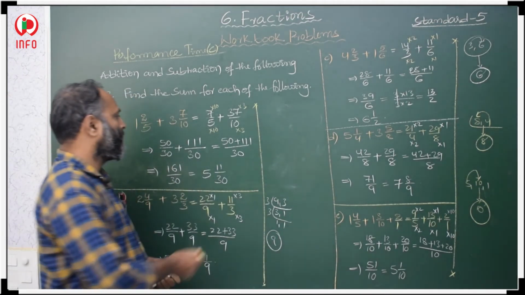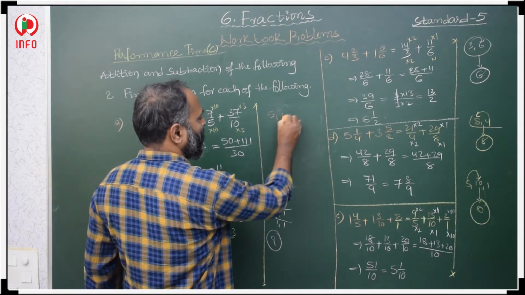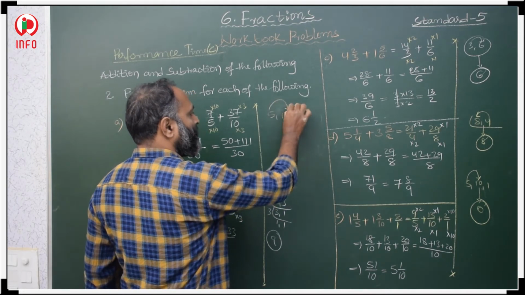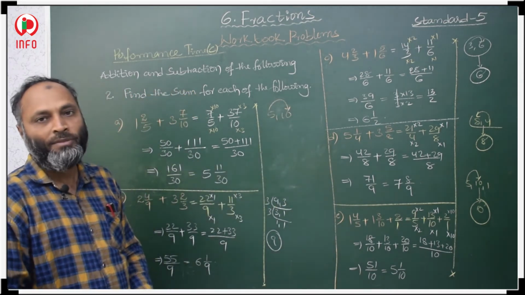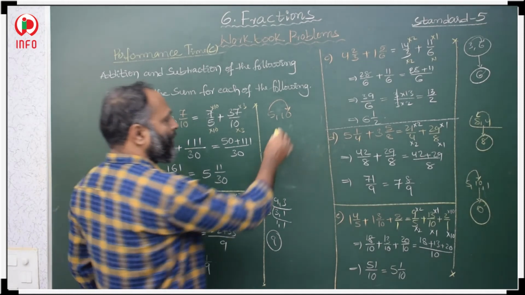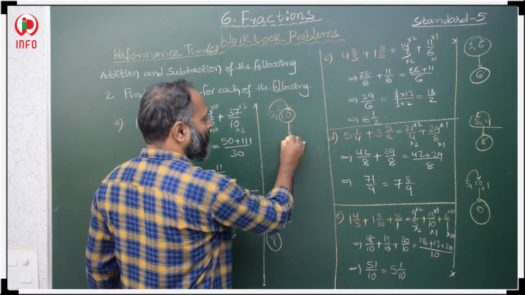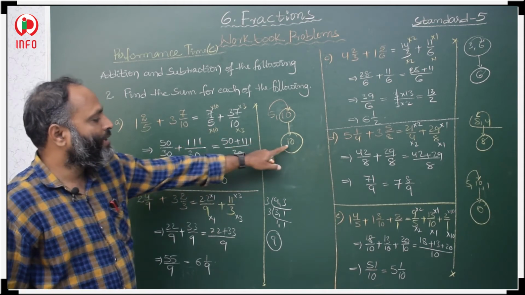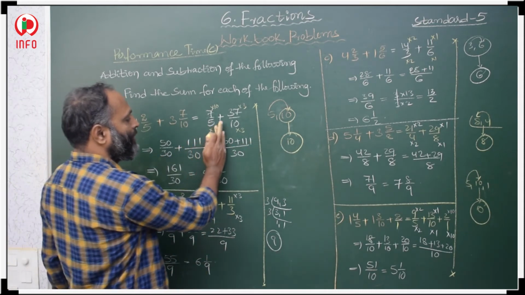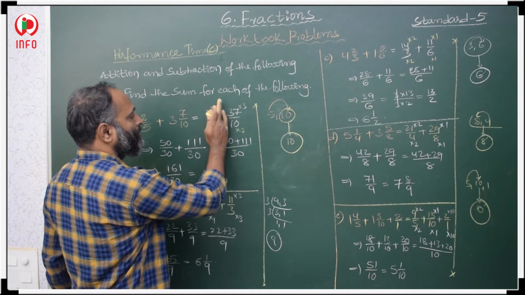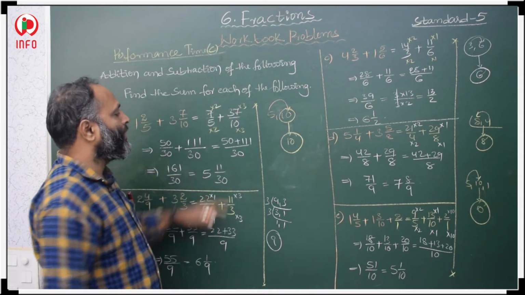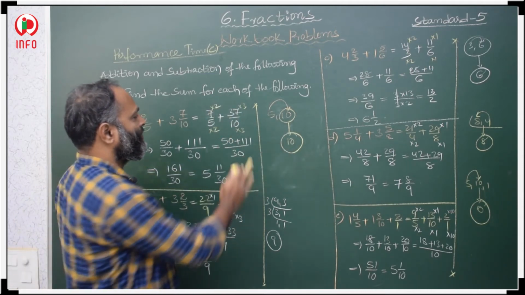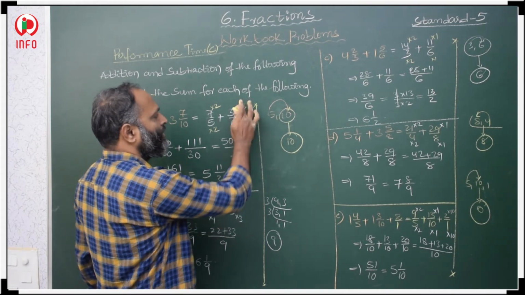If you take 5 and 10, 5 is a factor of 10. If one number is a factor of the other, then the bigger number is the LCM. 10 is the LCM. Then in the 5 table, when you get this 10, 5 2s are 10, multiply with 2. In the 10 table, when you get this 10, 10 1s are 10.